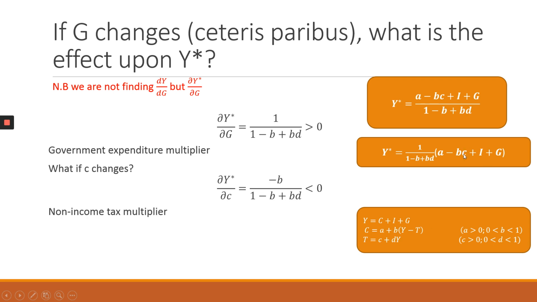So with the C, if we go back to our solution, we can see that there is minus b over 1 minus b plus bd attached to the C, where this first component basically is a constant, right? So if you differentiate that, you end up with minus b over 1 minus b plus bd as your solution.